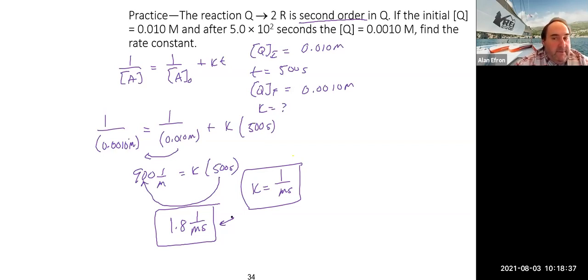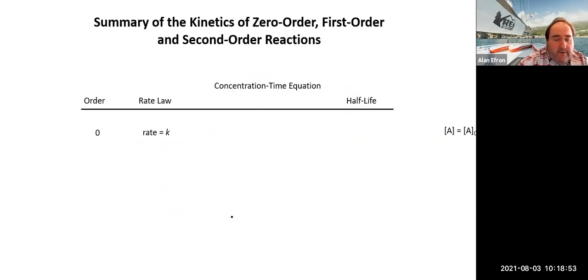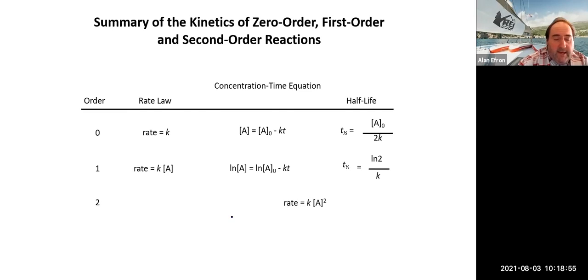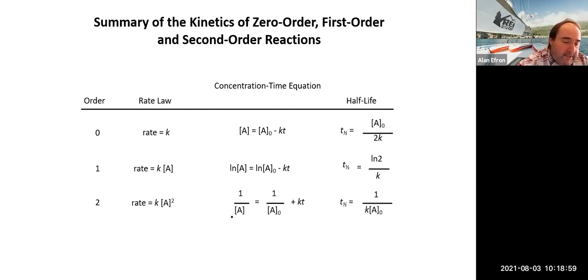So first order, second order, zero order are really common orders for kinetic reactions and kinetics calculations. And this next table summarizes all of the formulas and stuff that go together. And like I said, these are probably the most common ones.